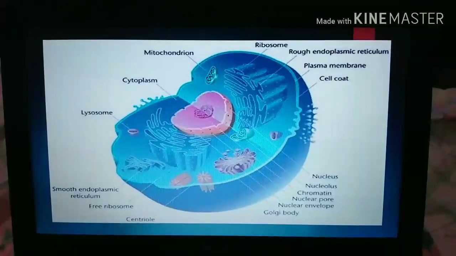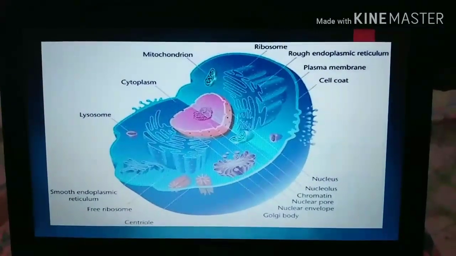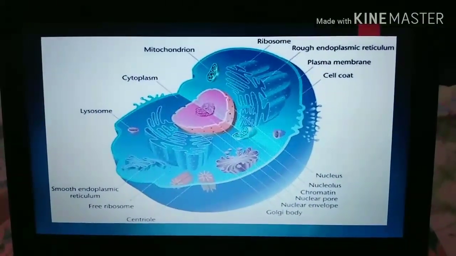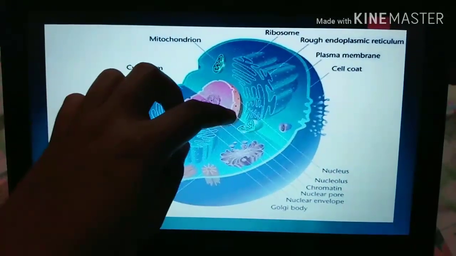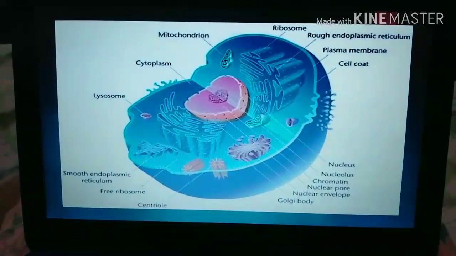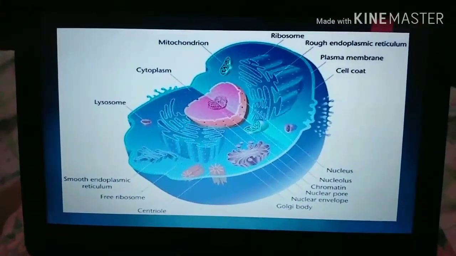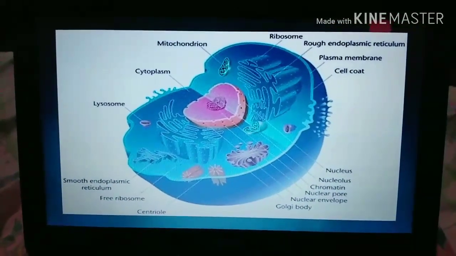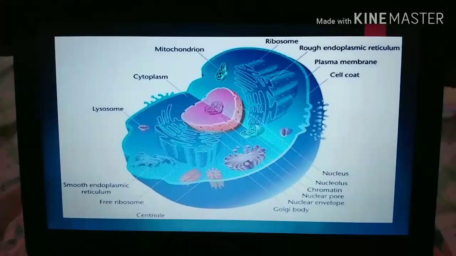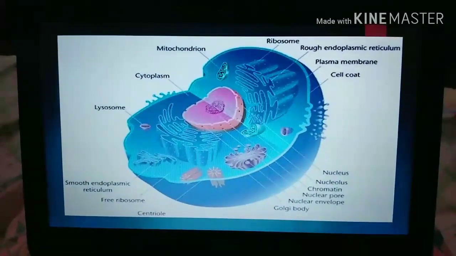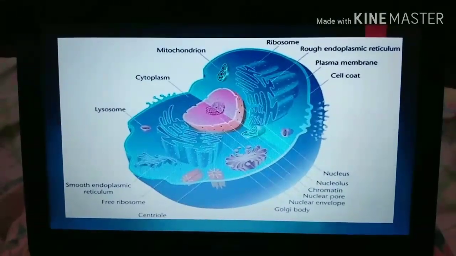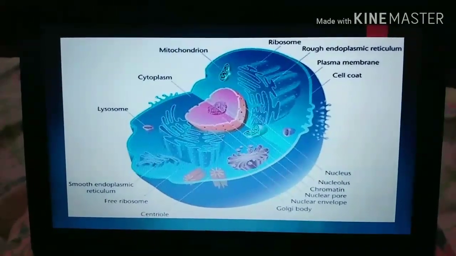Next is the nucleus. The nucleus is located here, and it is bounded by two membranes, the inner and outer nuclear membranes. The nucleus houses the cell's genetic material or DNA.